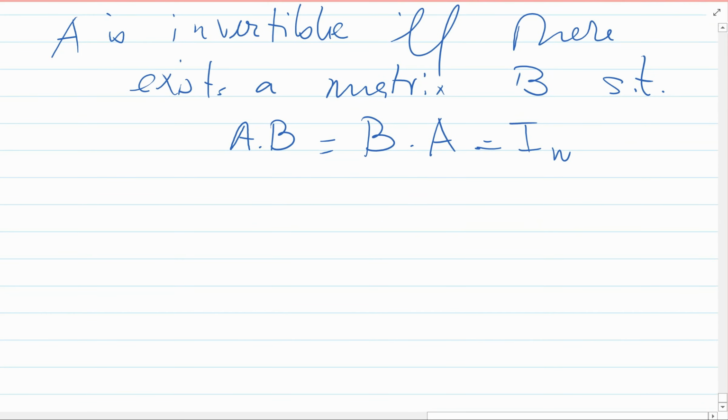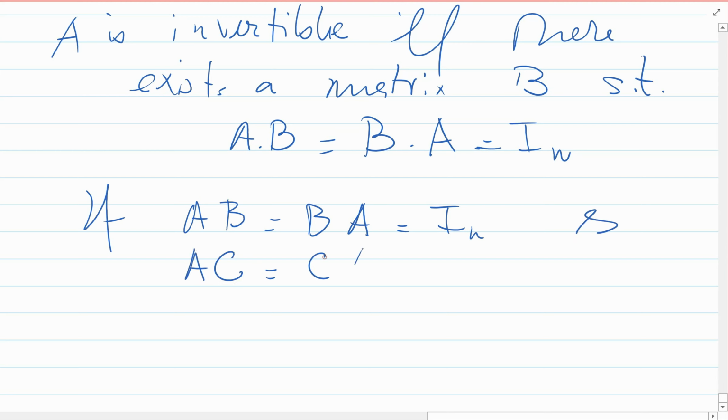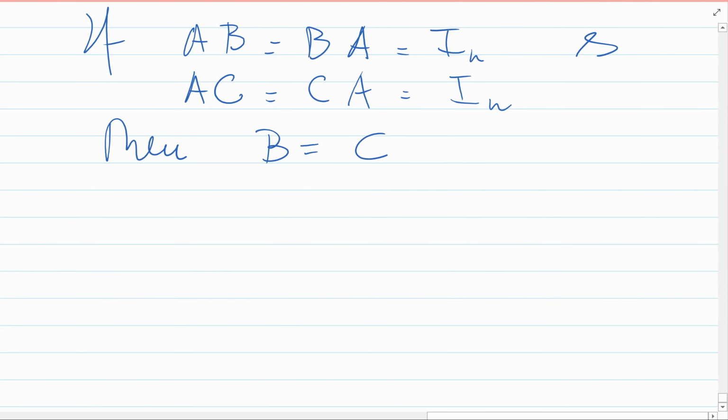First, note that you cannot have two inverses. If you have one, it's unique. Why? Because if AB equals BA equals In and AC equals CA equals In, then B is equal to C. So one way to see it is to compute CAB, indeed.